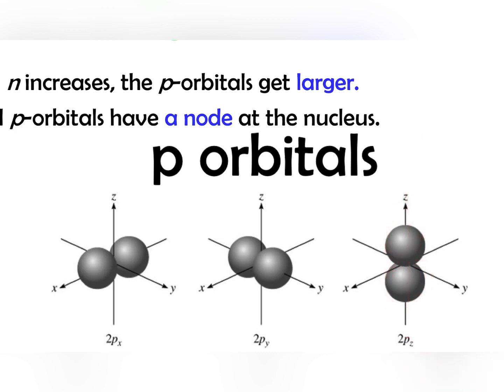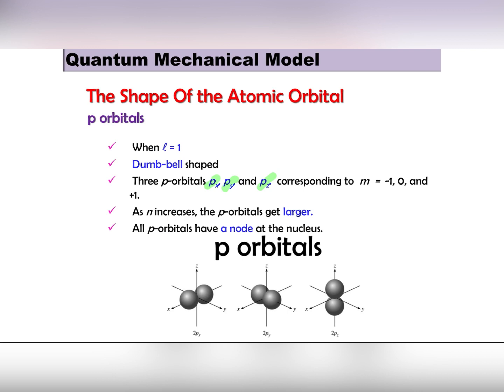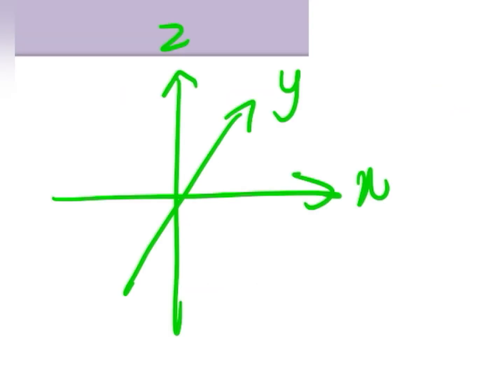Okay, so cara nak lukis dia pun senang sahaja. You just draw the axis, draw the axis X, Y and Z. And then if you want to draw for 2px, means the dumbbell shape will be on x-axis.